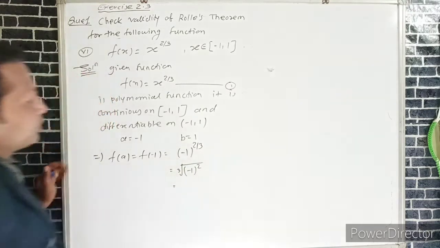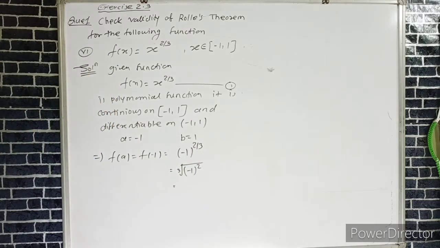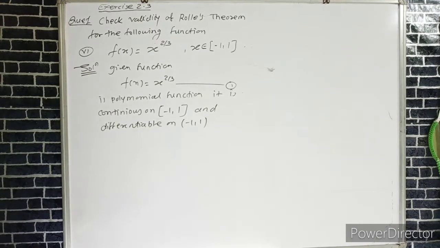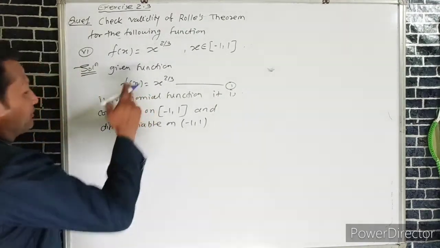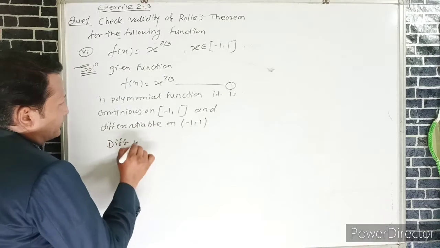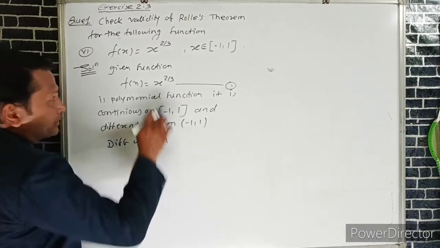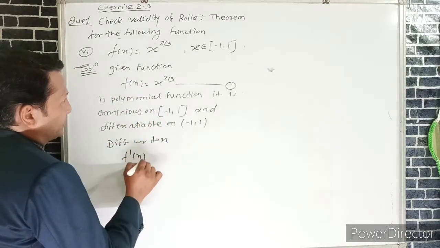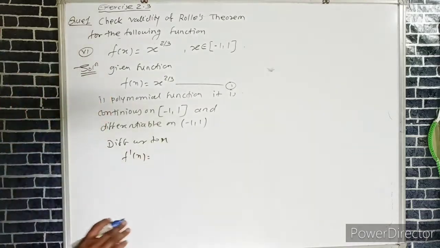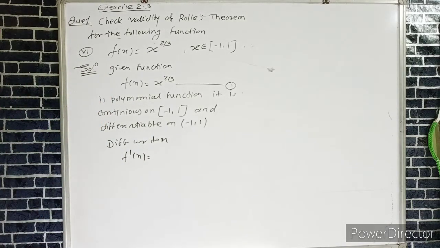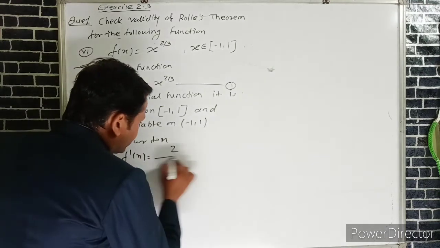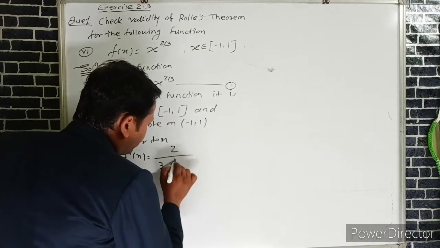By another method, if we differentiate with respect to x, then the derivative f dash of x is the derivative of x raised to the power 2 by 3. After calculating, we get 2 upon 3 into the cube root of x.